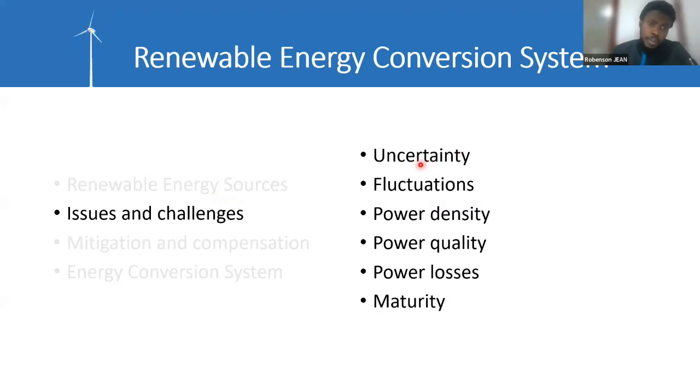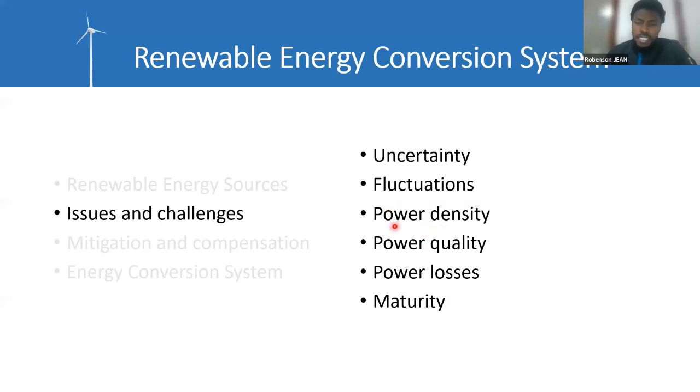Therefore, when you're talking about renewable energy sources, we have to deal with uncertainty, fluctuation, because due to climatological fact, we cannot be sure at every moment that the sun will shine all day long, or we cannot know if today we will have rain or not. So this is a testimony of the uncertainty of the renewable energy sources.